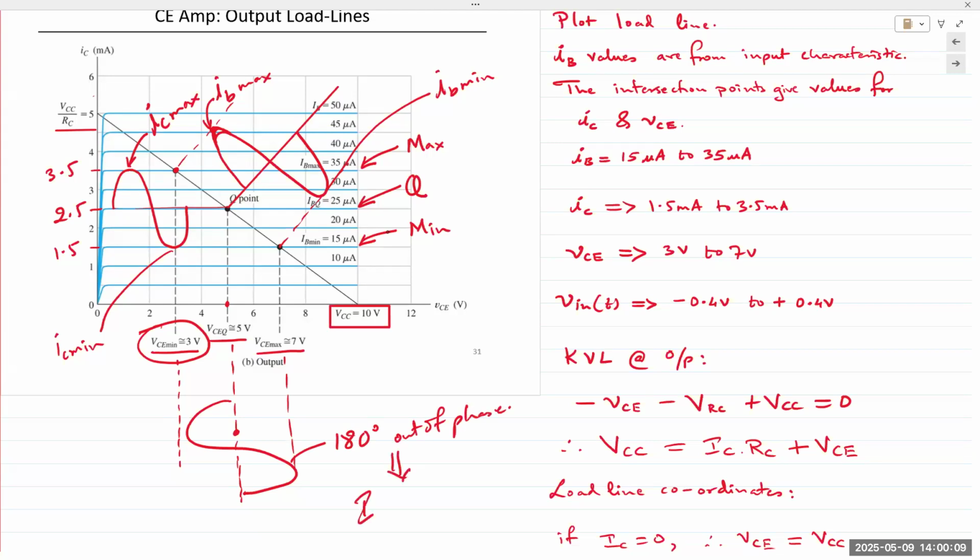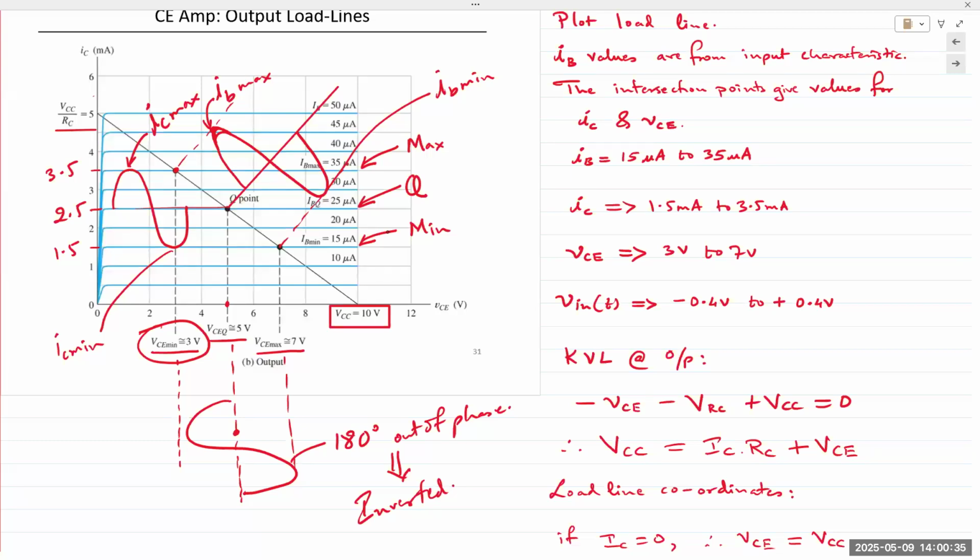Or as we say, it is inverted. So again, a minimum value of IB at the input side gives us a minimum value of IC at the output, but it gives us a maximum value of the output voltage, VCE. And hence, there is an inversion of the input to the output.